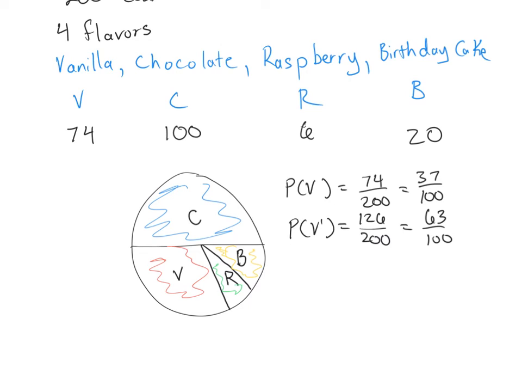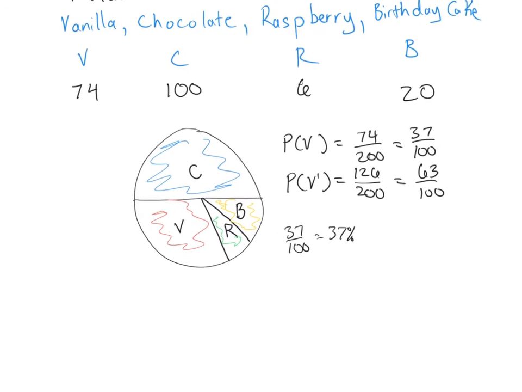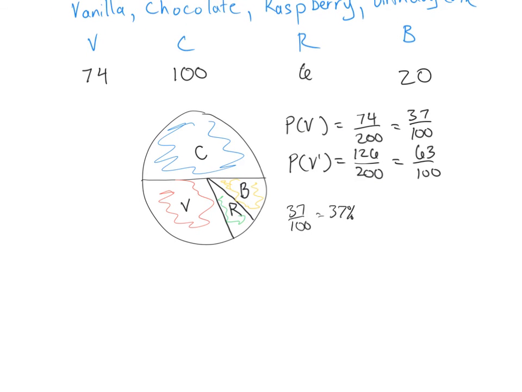So we have 37 out of 100, or 37% of our customers were vanilla people. To find out how many of those 500 people that is, we just multiply 500 times 37 over 100, and that will give us the number of vanilla customers that day, which would have been 185 customers.